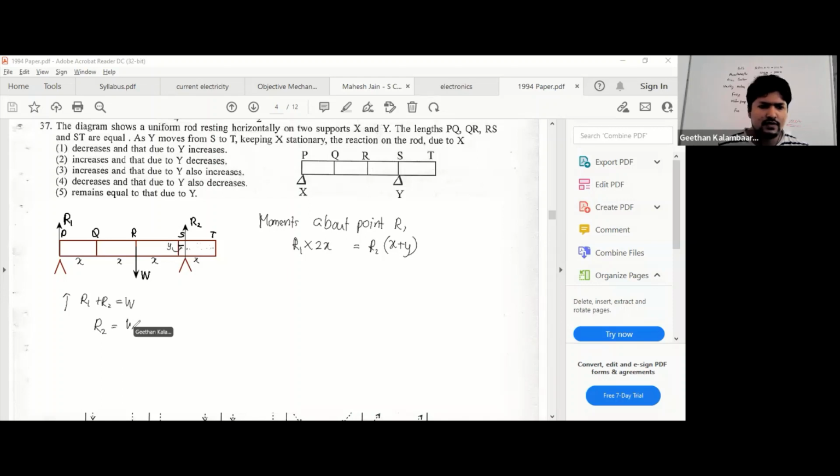R2 is equal to W minus R1. So R2 is W minus R1.